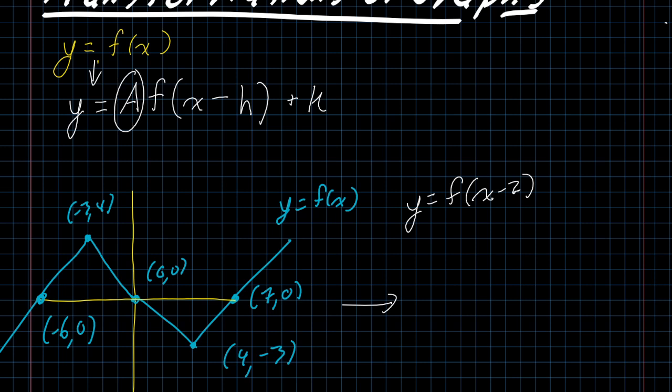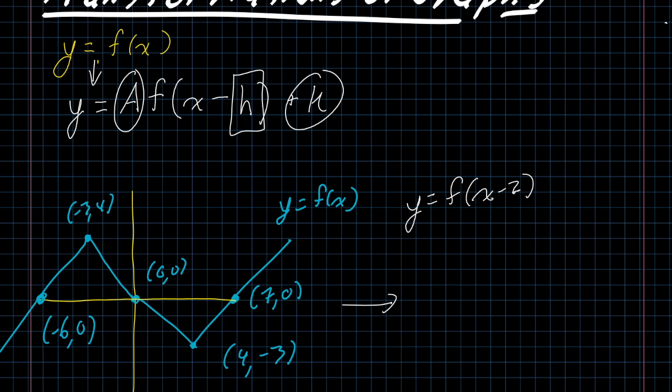Well, a in this case is 1, and we saw when a is 1, nothing really happens. K in this case is 0, and we saw when k is 0, nothing really happens. H is 2. And we saw that h caused the graph to shift horizontally to the left and to the right.